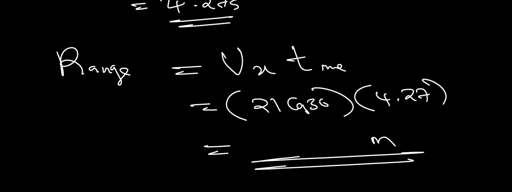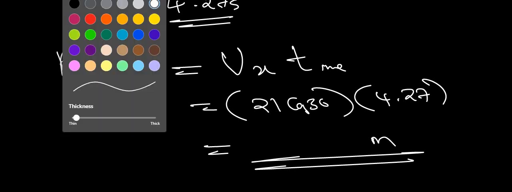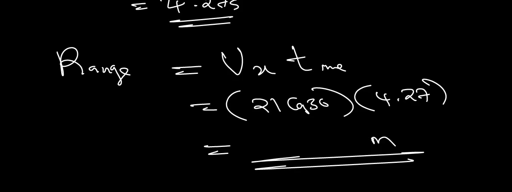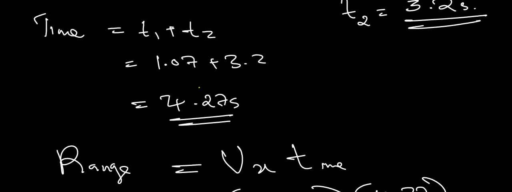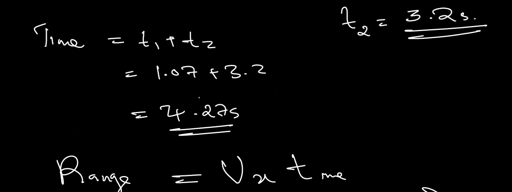This is going to give us what? Roughly, anyone who is getting this? You're getting what? 3 point what? Oh, 3.2 is the total time.